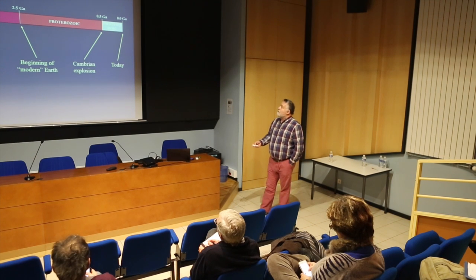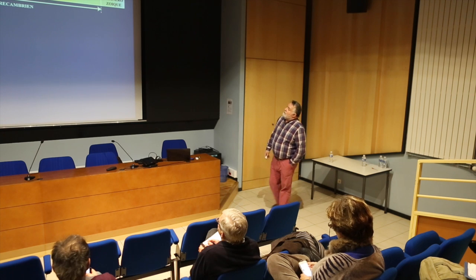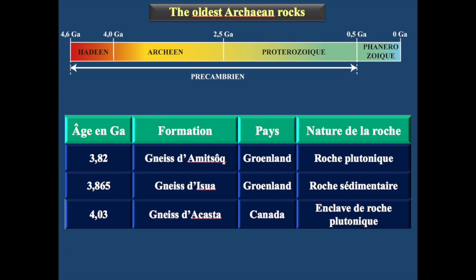First, some pictures from my holidays. If you want to see old rocks, you can go to the room just nearby. Or if you want to walk for 1 or 2 days on these rocks, you can go to Greenland, in the Amitsok area.